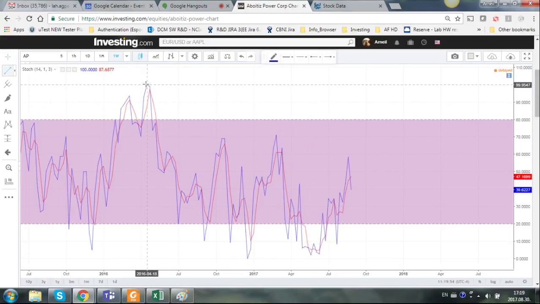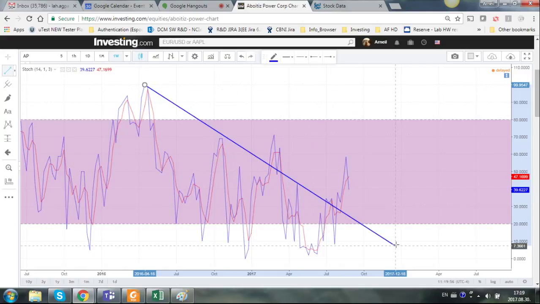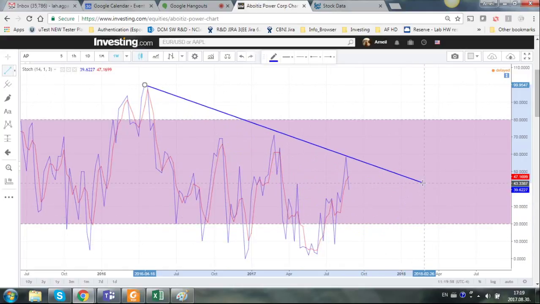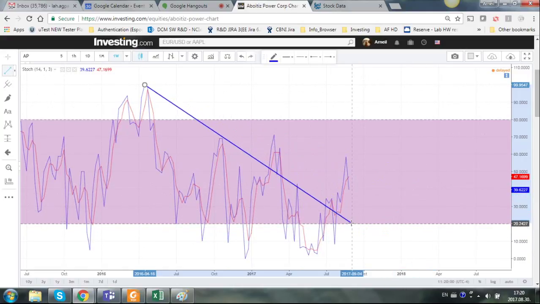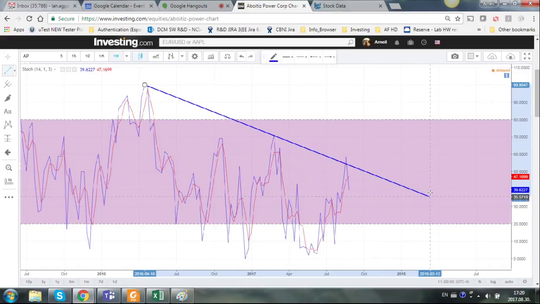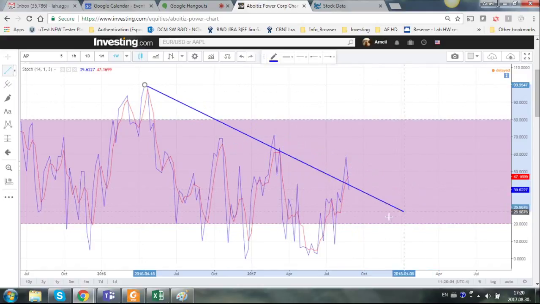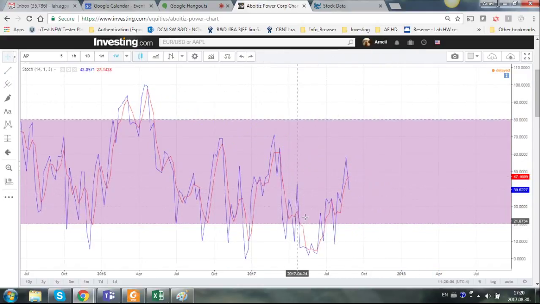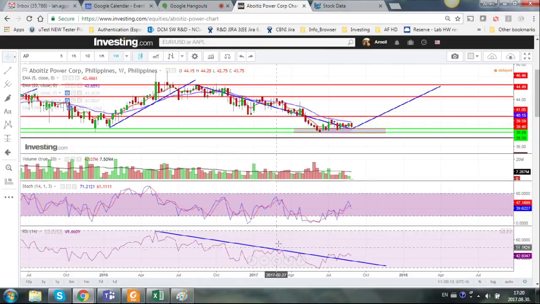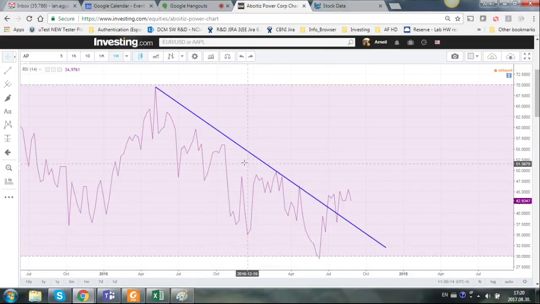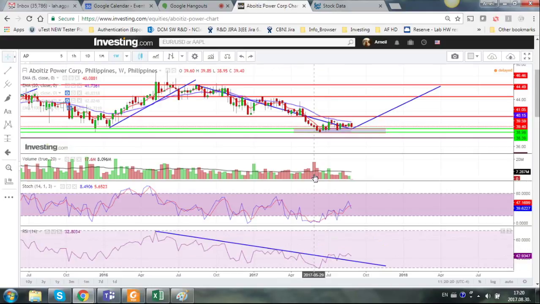Pero medyo dalawang line. Malilito ka ngayon. Saan ba ito? Ganyan ka ba or gaganyan? So, medyo malilito tayo. So, gamitin na lang natin ito for buy and sell indications or overbought, oversold. Use the RSI for the trend reversal. This is the so-called RSI divergence strategy.